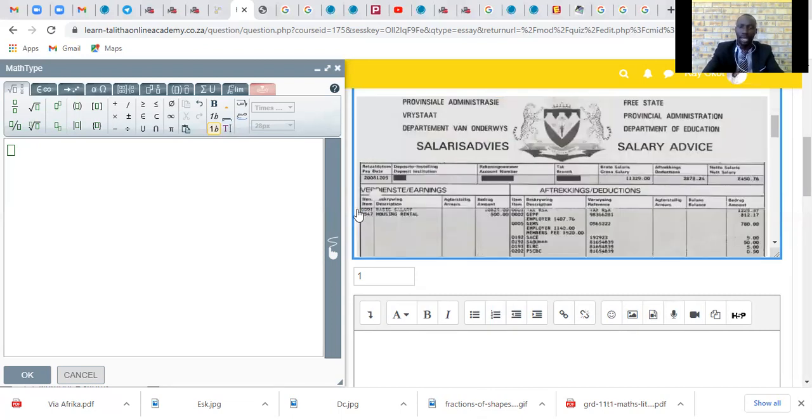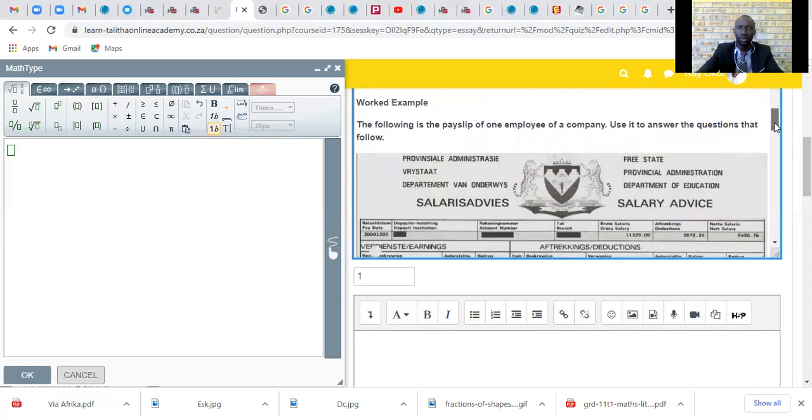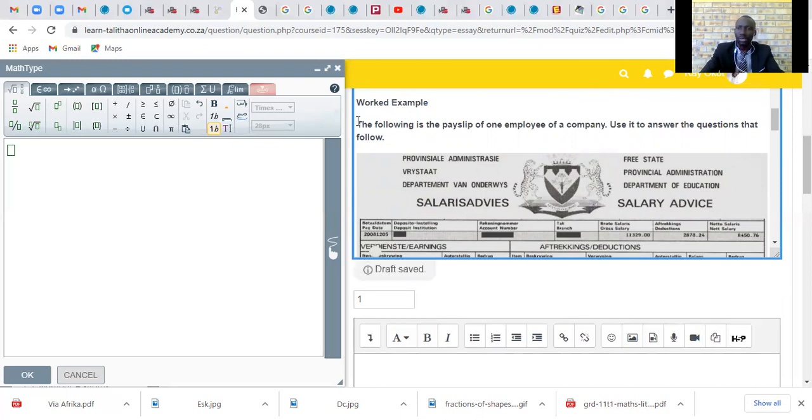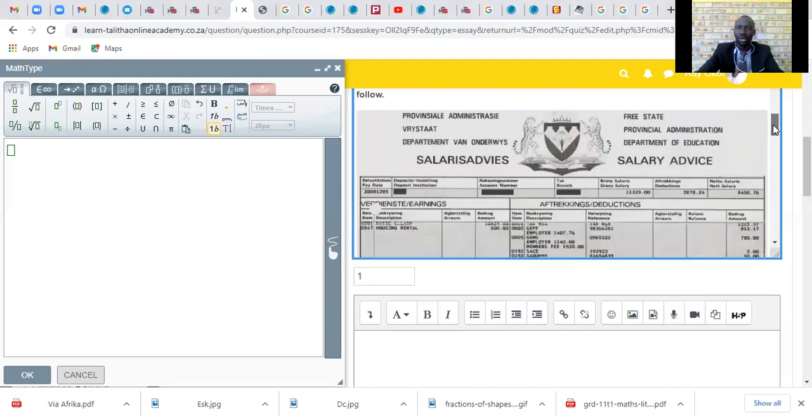The question is that the following is the pay slip of one employee of a company. Use it to answer the questions that follow. We will be answering some questions after checking through this pay slip. So let's go through this pay slip and see what is in it.